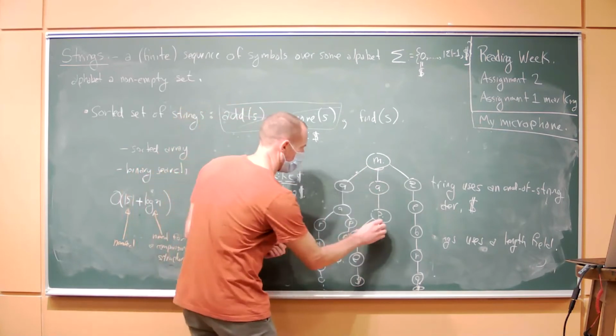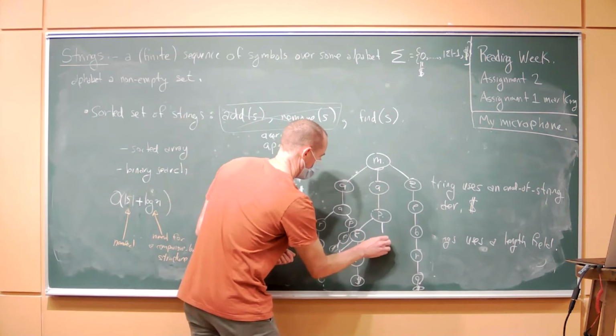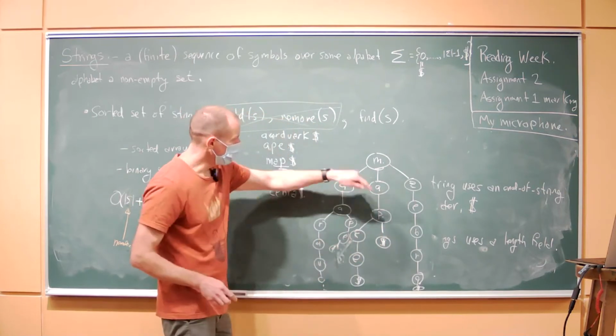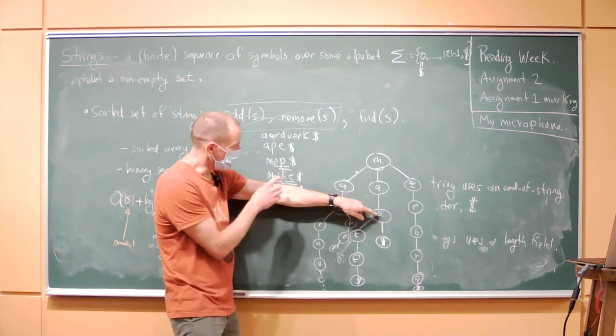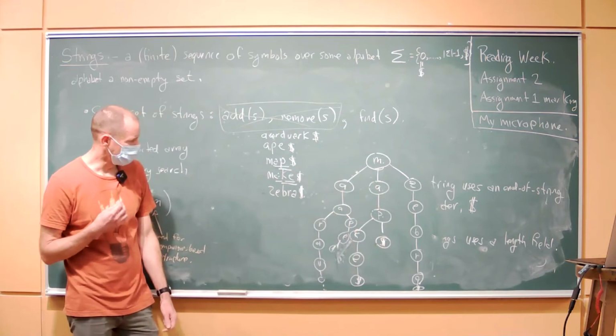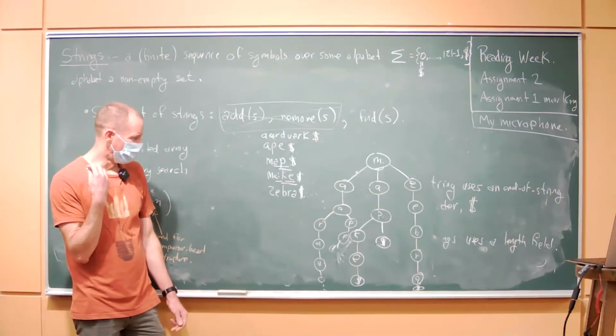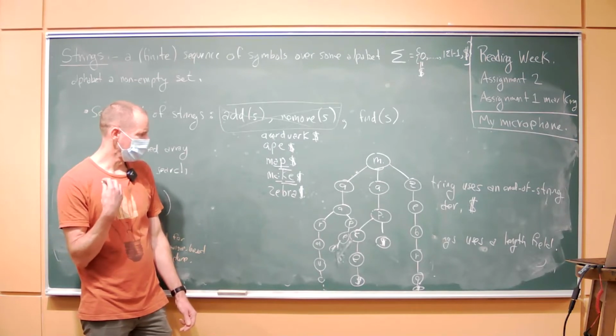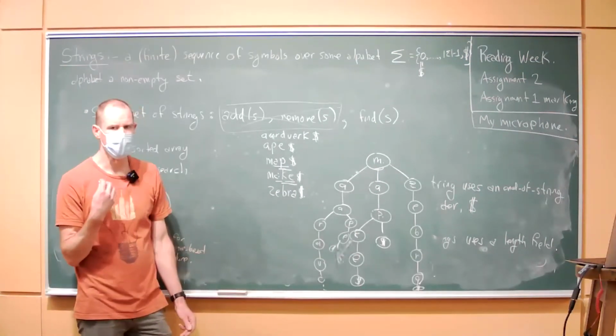So this one should be here. That makes more sense. P matches this, so you go down the middle, and then finally the dollar matches. Okay, that makes more sense. So the dollars should always end up being middle children.